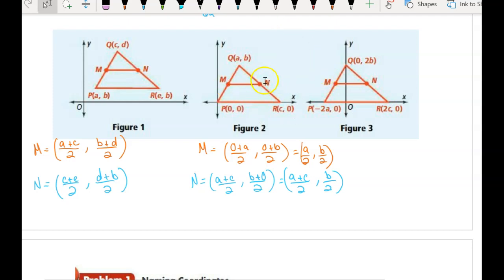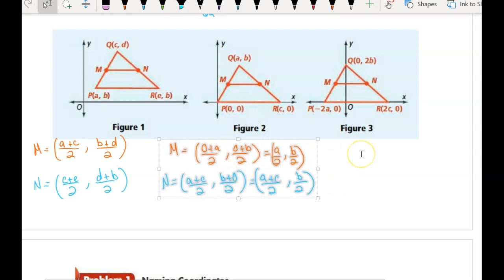Notice again that the y value of M and N are the same. Now let me move this over to give us some room for figure 3.